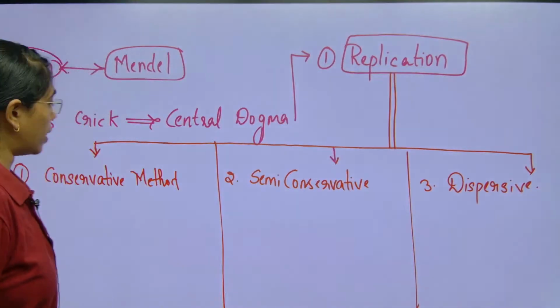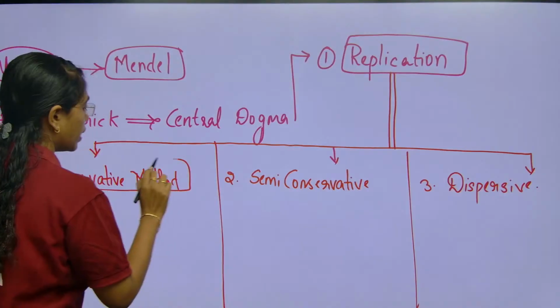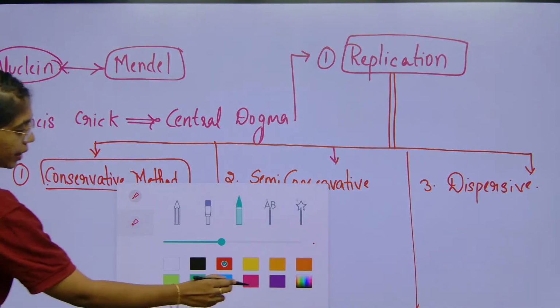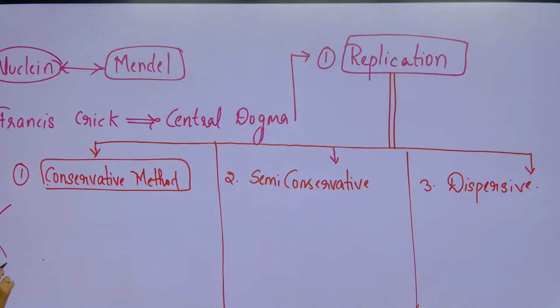The first one is the conservative method of DNA replication. Suppose this is the parental DNA, 5 prime to 3 prime, 3 prime to 5 prime, anti-parallel to each other, right.